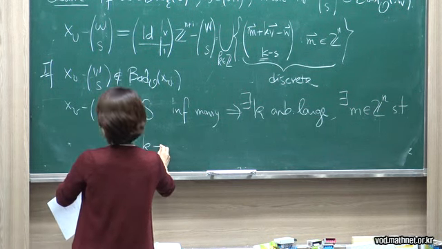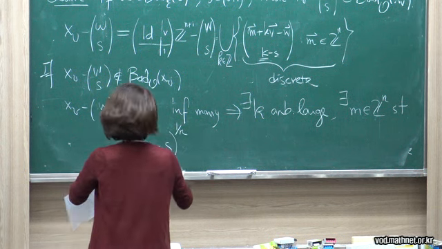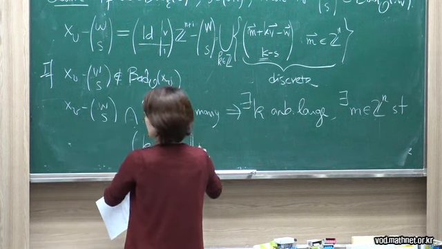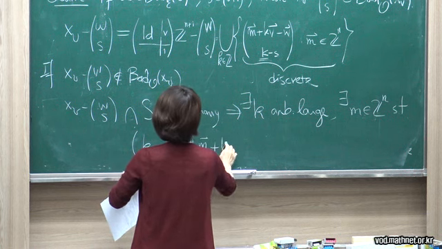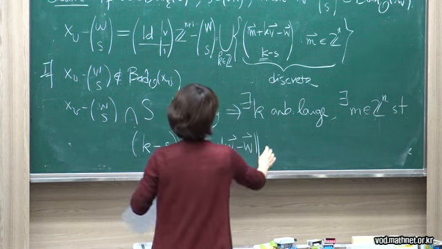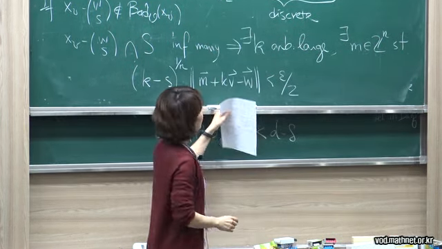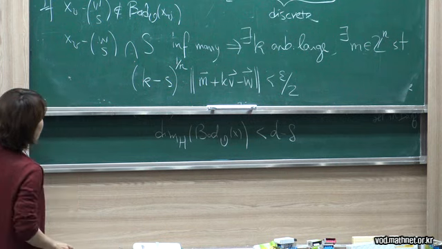So let me write it down. K minus S, the last coordinate, to the power 1 over n, times the norm of M plus KV minus W, is bounded above by epsilon over 2. Right? So that's exactly what we wanted to say.